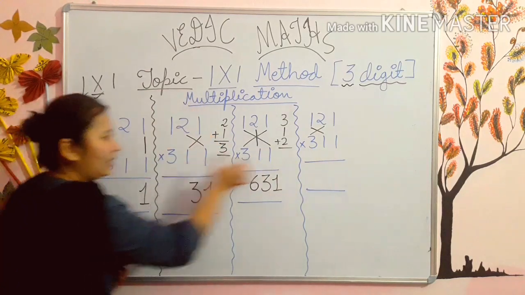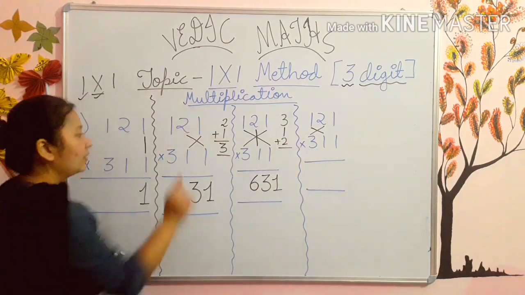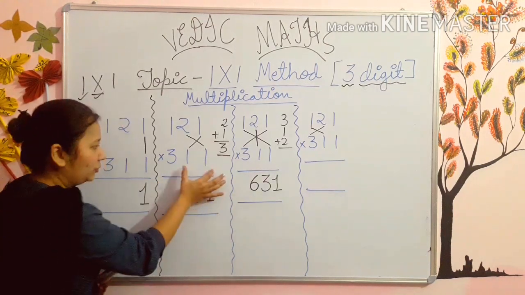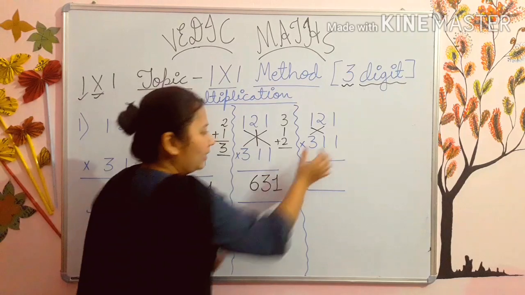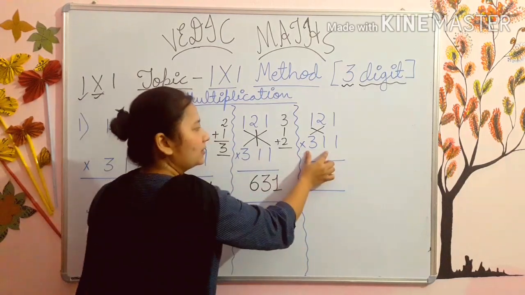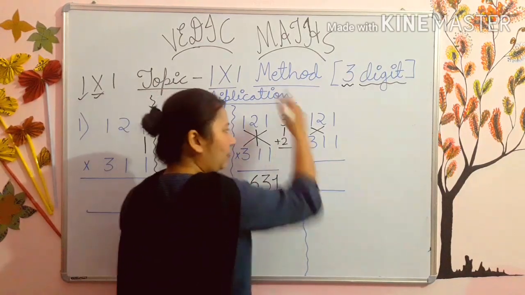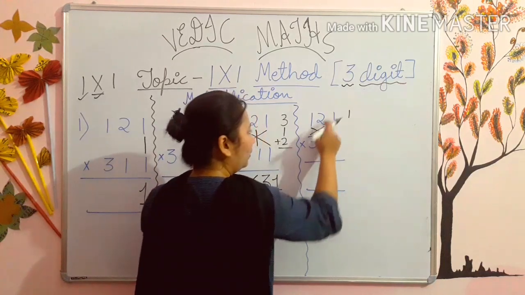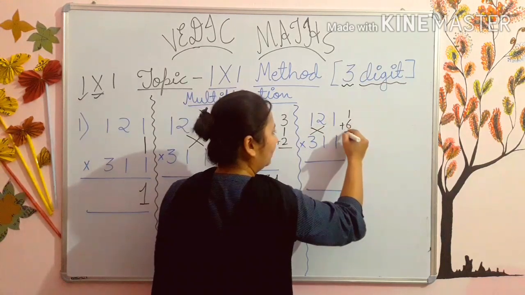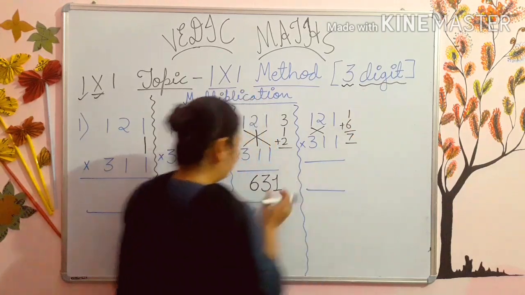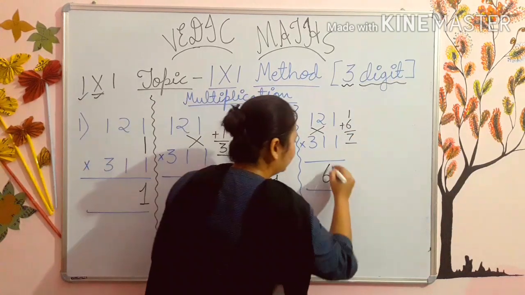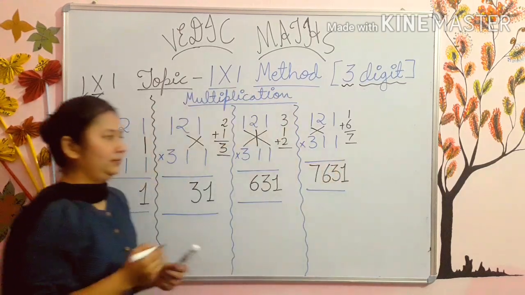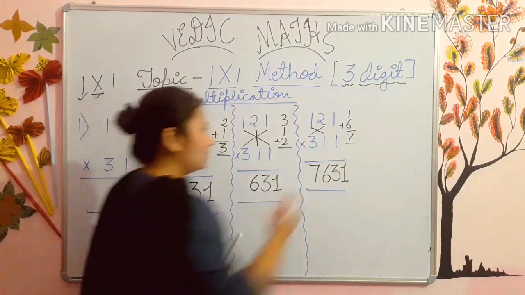In this and this, there is a difference, kids. See, these are the right hand side two numbers and these are the left hand side two numbers. So multiply them both. See, 1 ones are 1, 3 twos are 6 and add them. It is 7. So this we have got already and this 7 here.